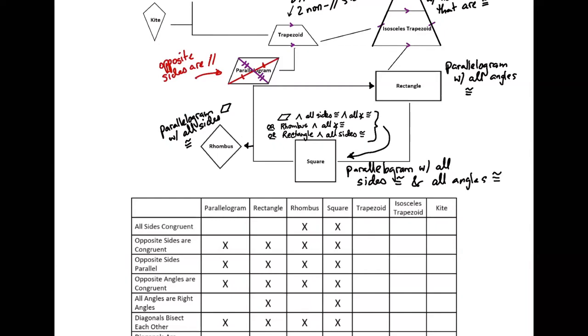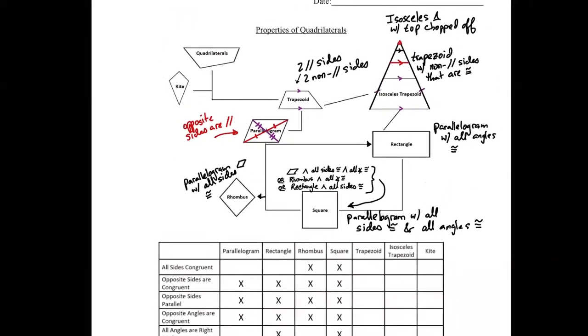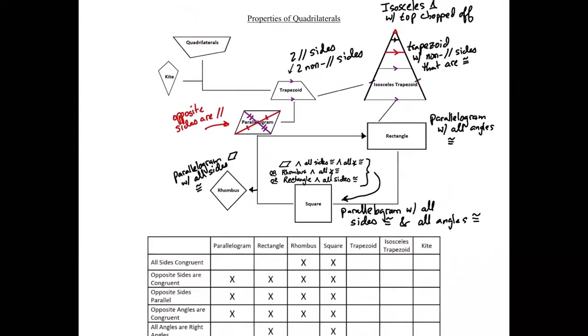But it happens for the parallelogram and a rectangle, and I kind of look at this sort of as a family tree. It's kind of weird to think about it, but quadrilaterals are like the head of the family, and then it breaks up into different categories, so you've got the kite. The kite doesn't have any descendants, okay?